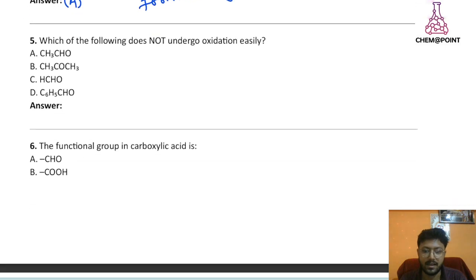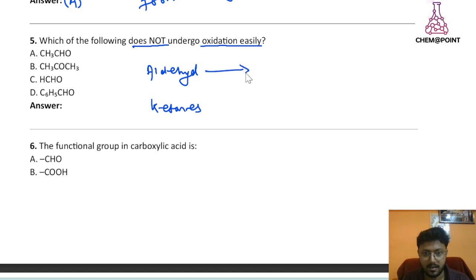Now, question number 5. Which of the following does not undergo oxidation easily? Students, aldehydes and ketones. Aldehydes are oxidized very easily.